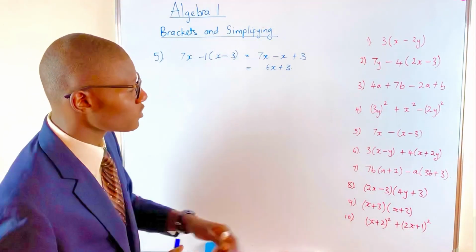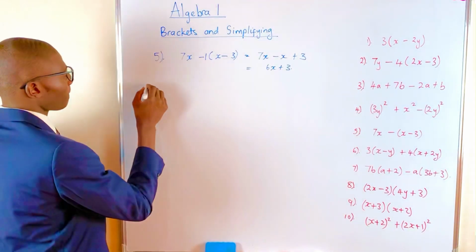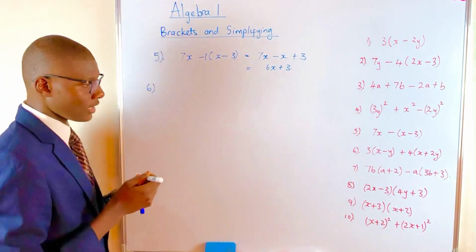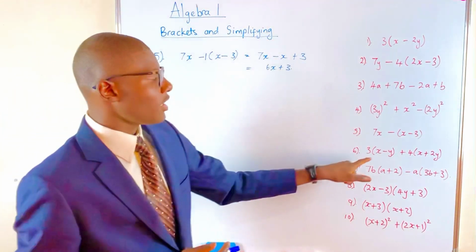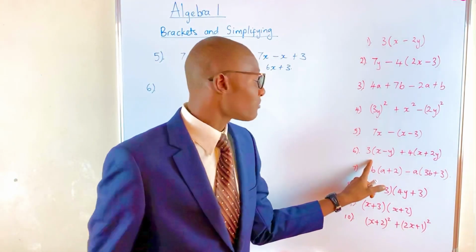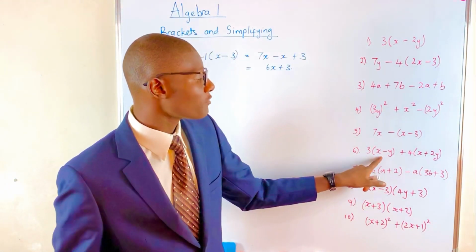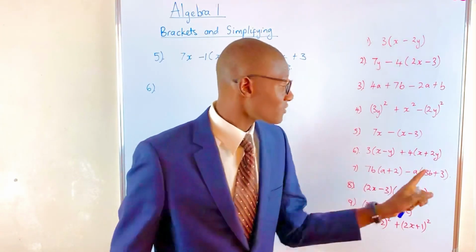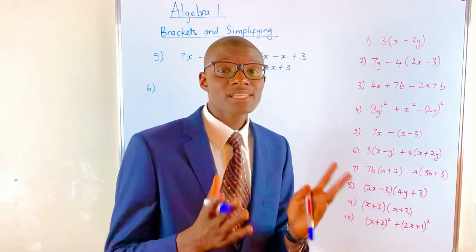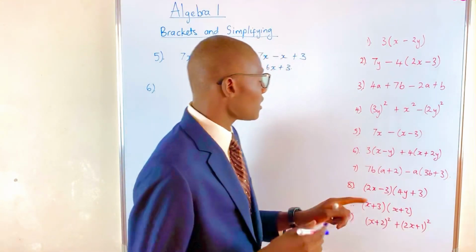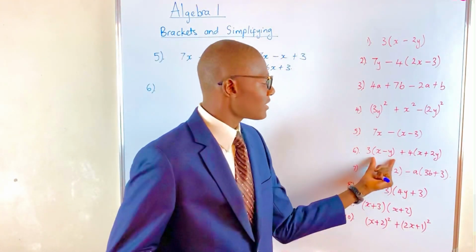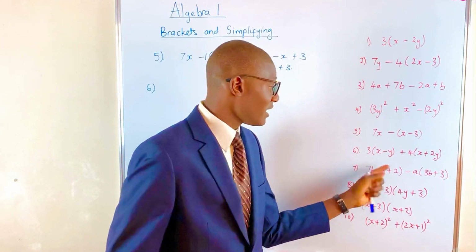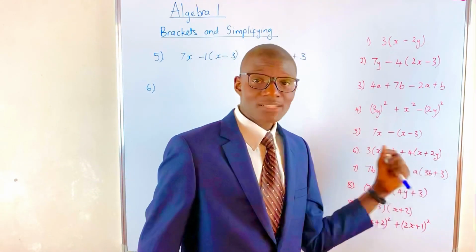Now let's move on to number 6. With number 6, we've got 3 outside the brackets of x minus y, then we've got plus 4 outside the brackets of x plus 2y. So first step is to remove these brackets. So we're multiplying each term in the first brackets by 3, then each term in the second brackets by 4.